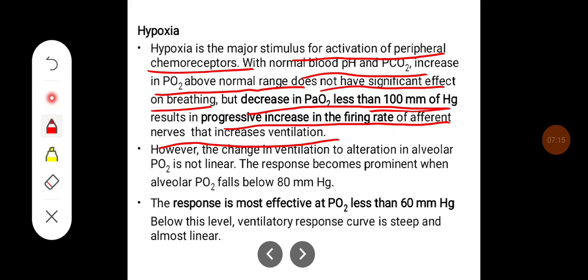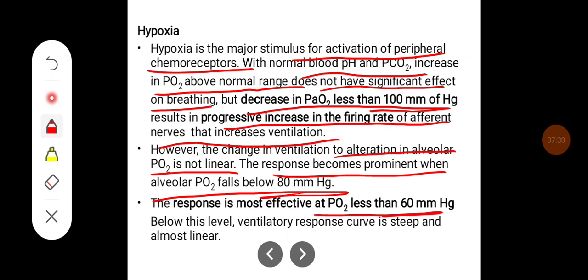However, the change in ventilation to alteration of alveolar PO2 is not linear. The response becomes prominent when alveolar PO2 falls below 80 mm of Hg. The response is most effective at PO2 less than 60 mm Hg. Below this level, the ventilatory response curve is steep and almost linear.